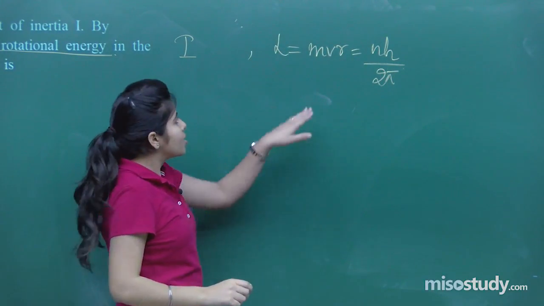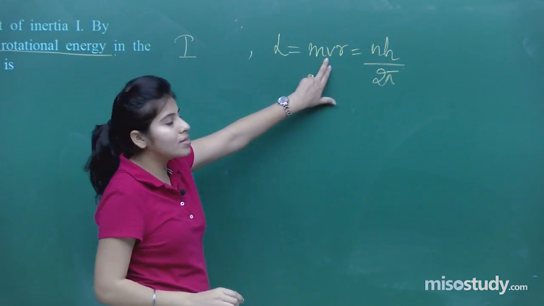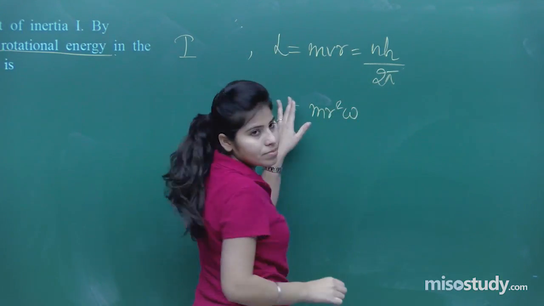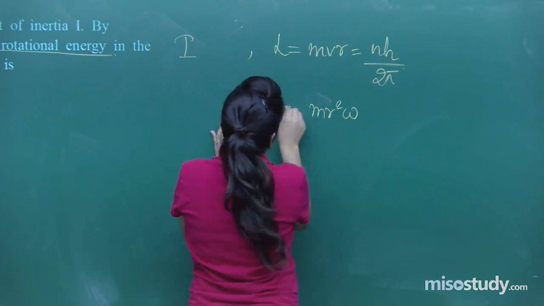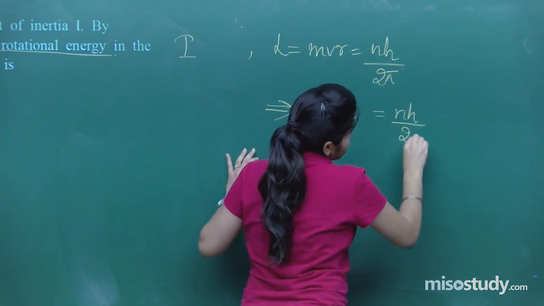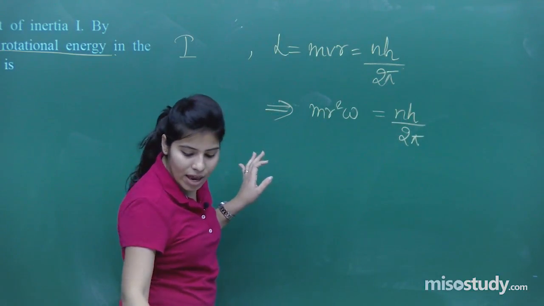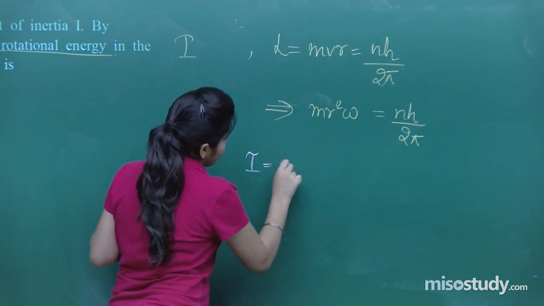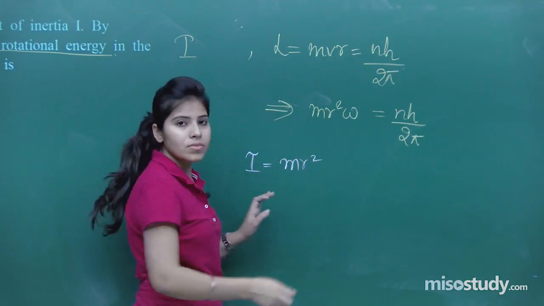You can write it as, because I know that I can write this mvr as mR square omega, isn't it? So I will write it as mR square omega equals nh upon 2 pi. Now because we have been given the moment of inertia, we know that I equals mR square, right.